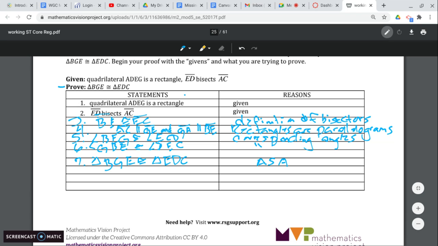So when you're doing proofs, you have some stuff that's already given to you. Like I said, our givens were right here. Those are the first 2 things you write down. Your reason for those is always given. So your first reasons in a proof should always be just given. And then you know the last line of the proof is what the proof statement is.